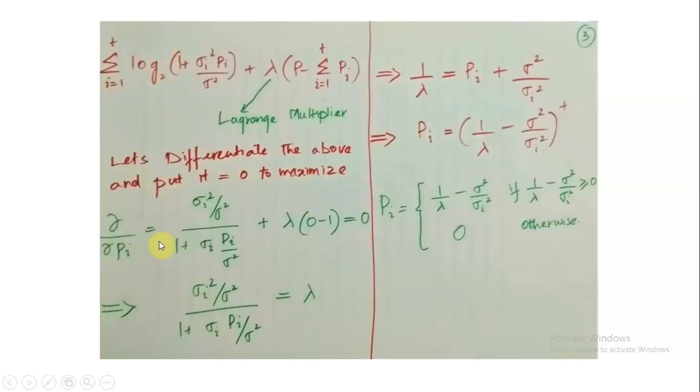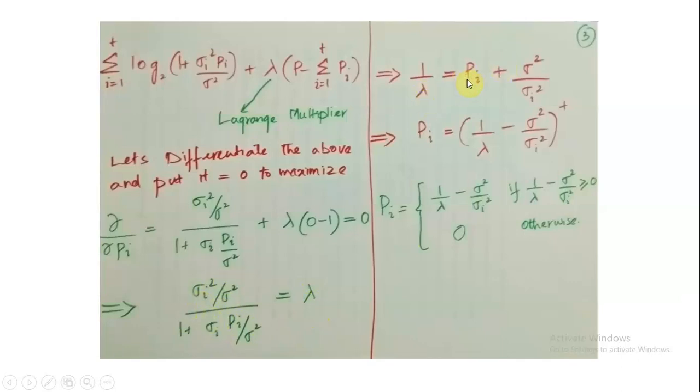If we differentiate this function, it gives sigma_i square by sigma square over 1 plus sigma_i square P_i by sigma square, plus lambda times 0 minus 1, because the derivative of the sum of P_i with respect to P_i is 1, and that is equal to 0. From here you find the multiplier lambda given by this equation.